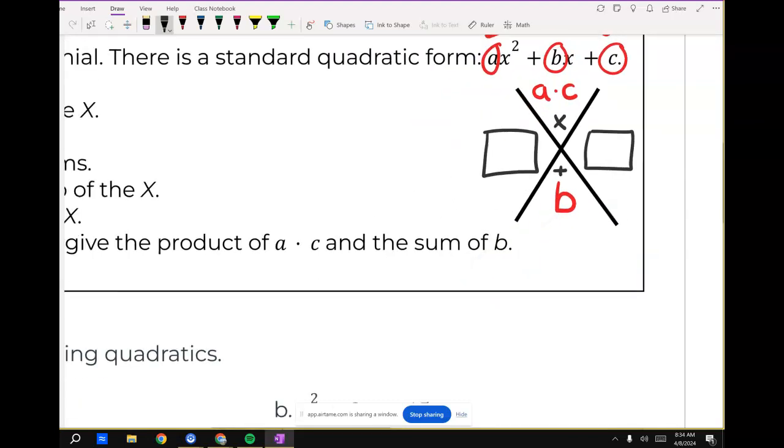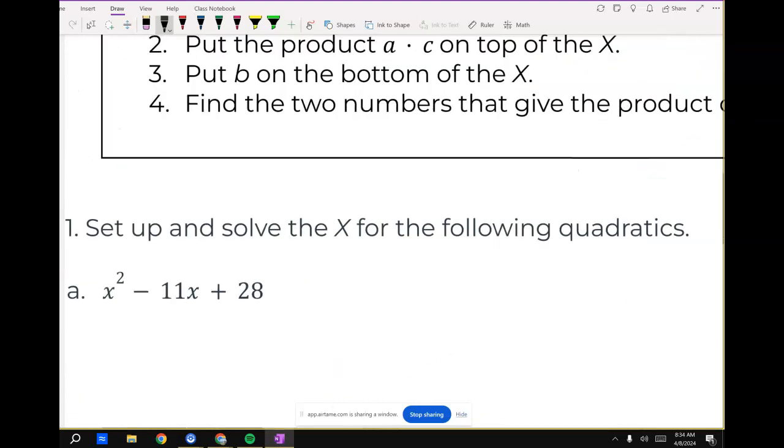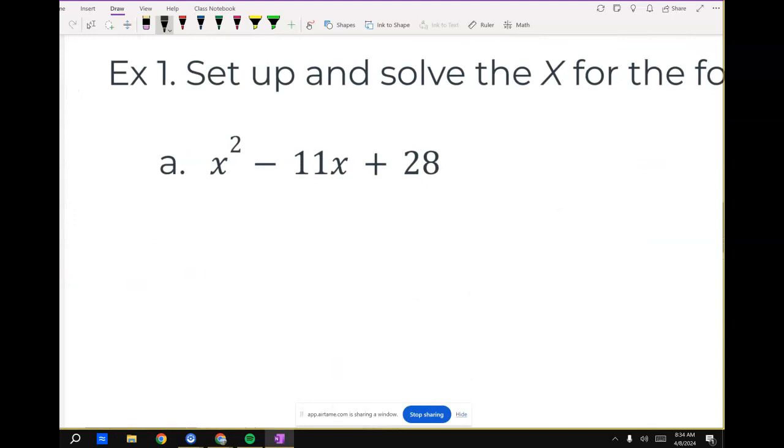Let's put this into practice with an example. In example 1, the first thing we have to do is identify our a, b, and c terms. I'm going to put a little 1 in front of this x squared to help us. Our a term is 1.